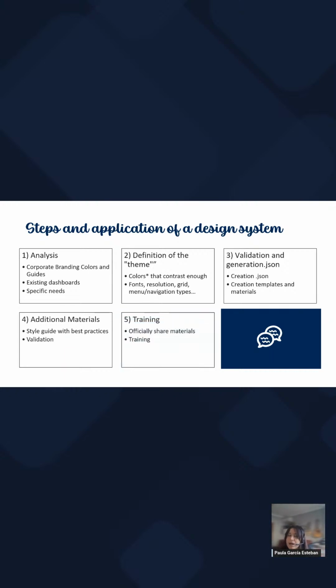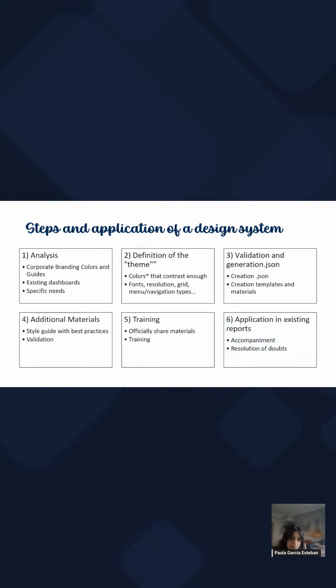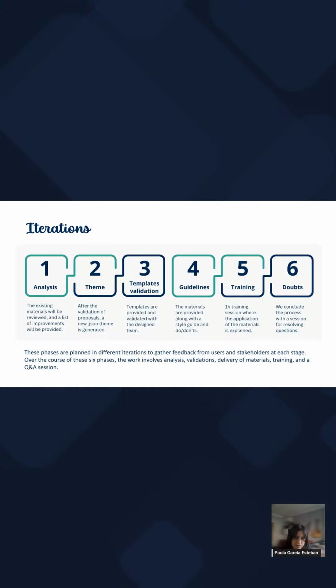Then I give some training explaining how to apply all these steps. I already mentioned it, but in a little bit more depth and with more details that should be taken into account if we want to assure usability, that everything is clickable, etc. And then I help them to apply it in case they want. I help them adapt all the reports and make them more consistent, more professional in the whole ecosystem.